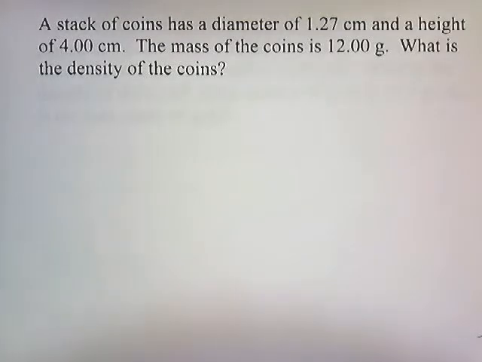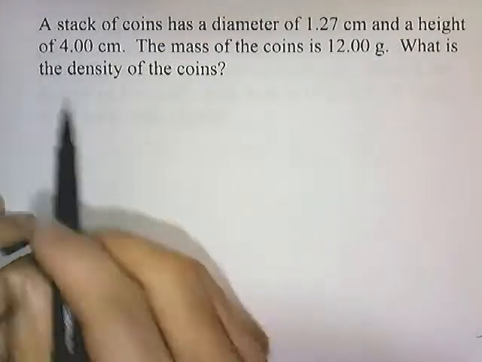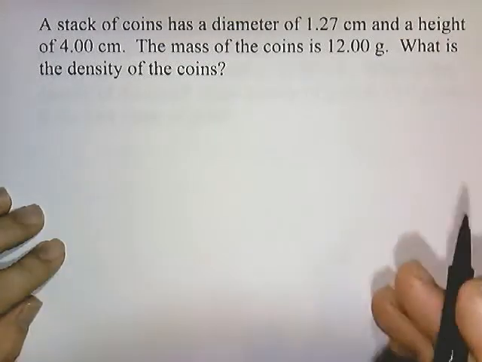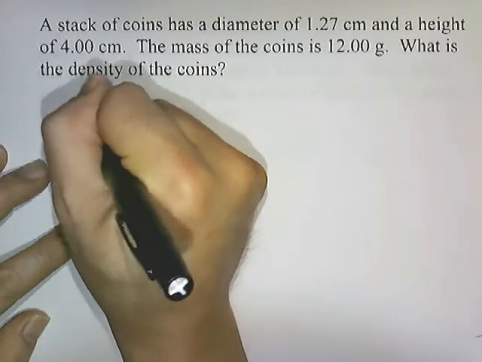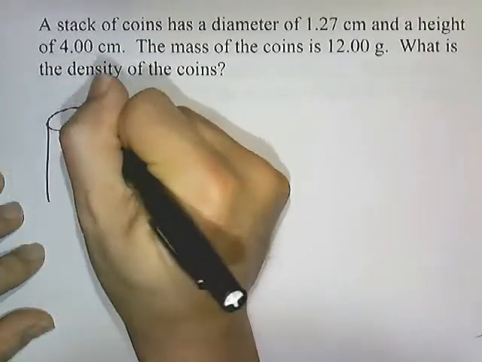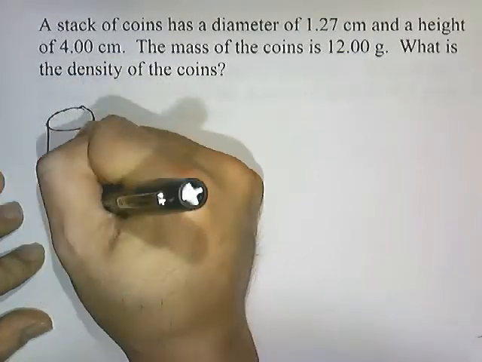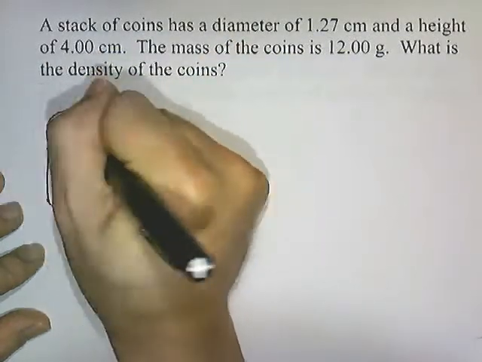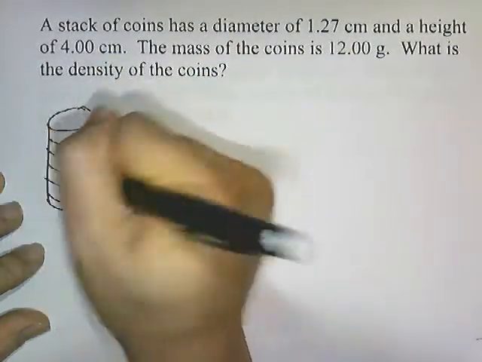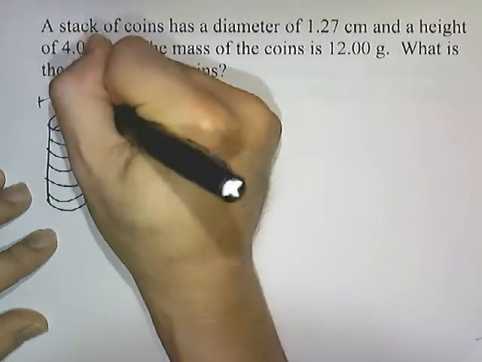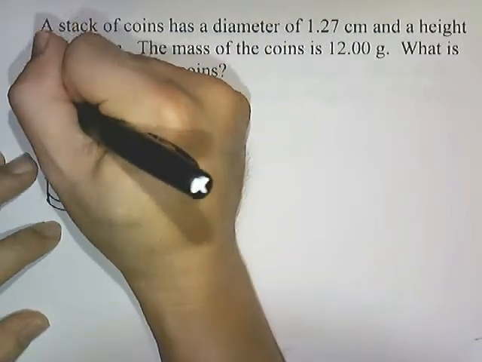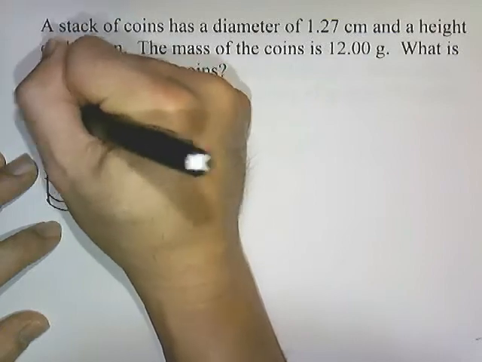Well, let's see. Notice again that they don't have the volume. We have to figure it out. Well, let's see if a stack of coins makes a cylinder. So here's my stack of coins. And they tell me the diameter is 1.27 centimeters.